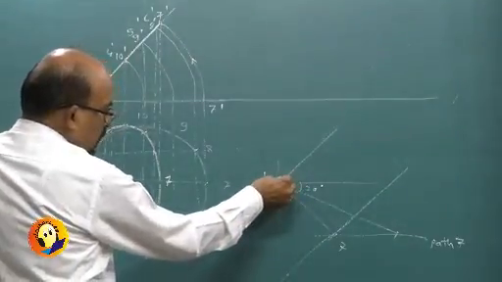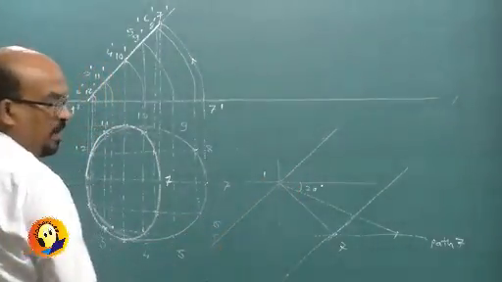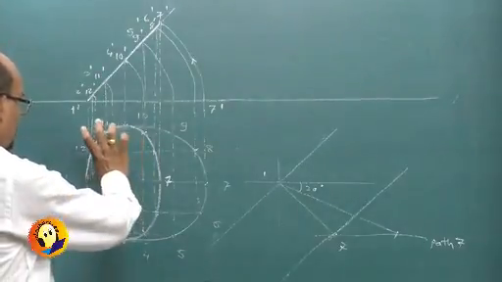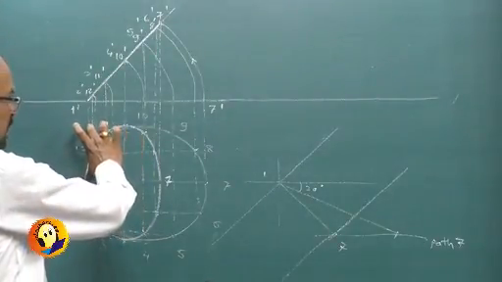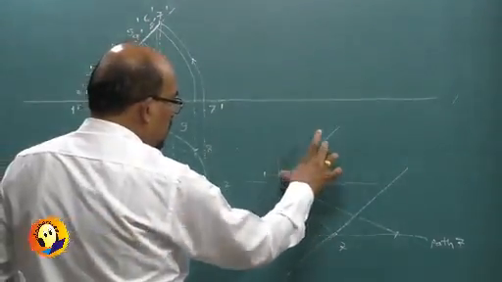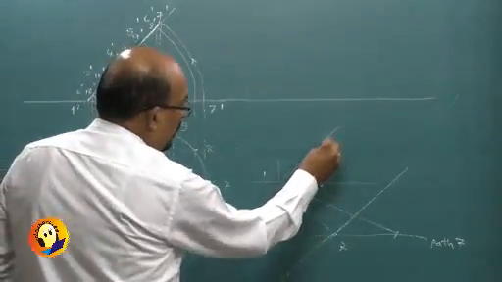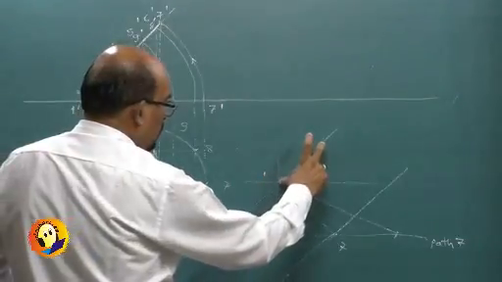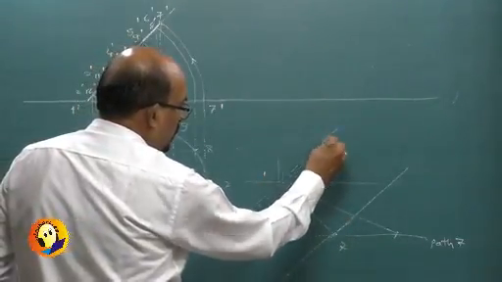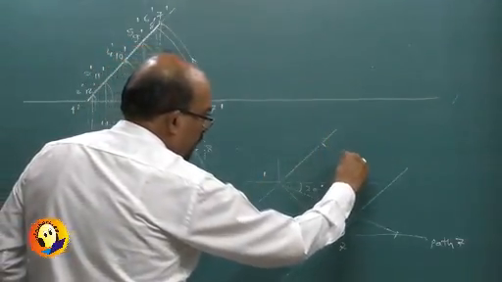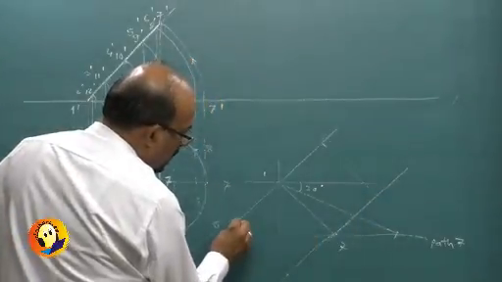So I have just drawn lines perpendicular. Now from 1 till this point, topmost point, I take the distance and mark it on both sides. And I complete that rectangle.